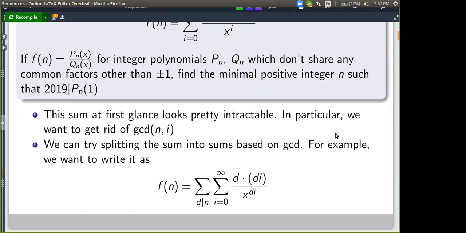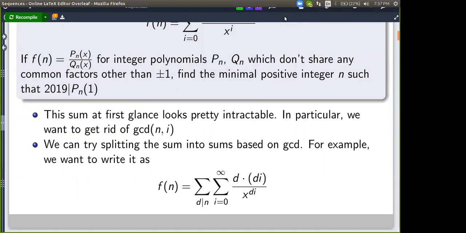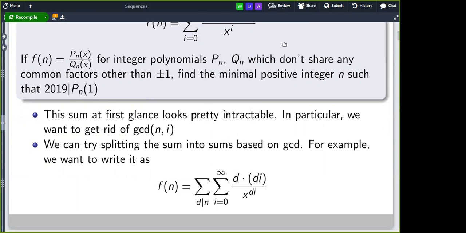Actually, what I'm doing here is taking out the GCD as d, and then for each term, I'm only looking at the terms which are divisible by d, because those are the ones which have the GCD of n and i to be d. So this expression is actually incorrect, but it has the right idea.